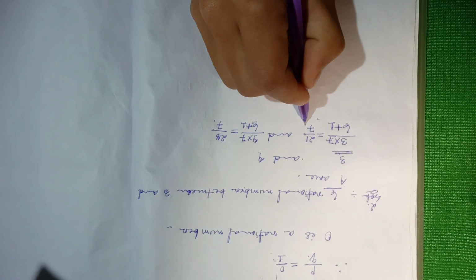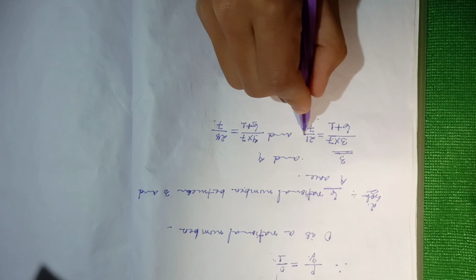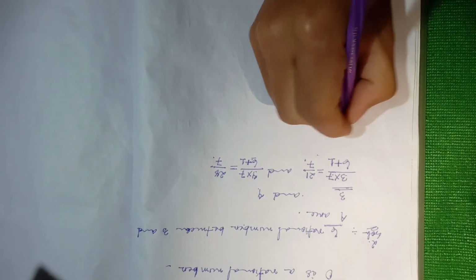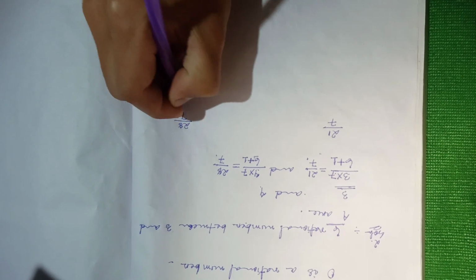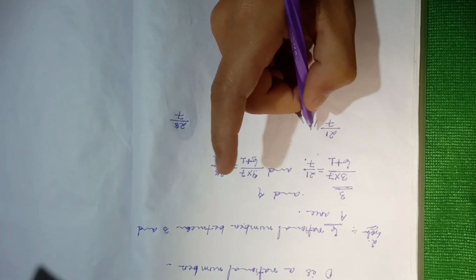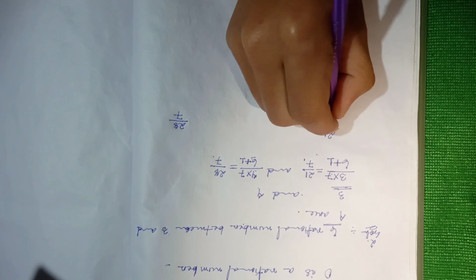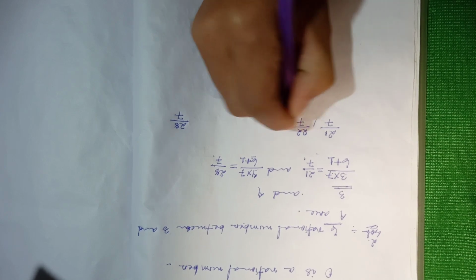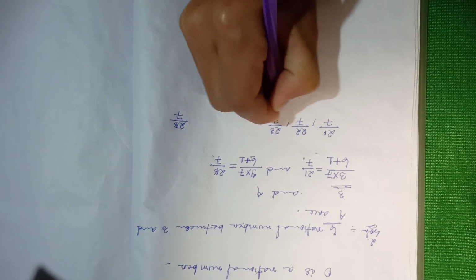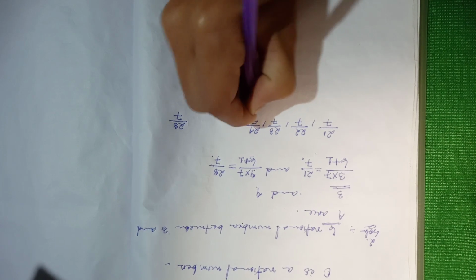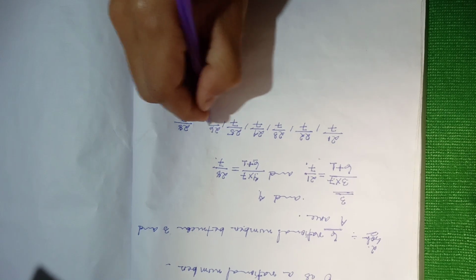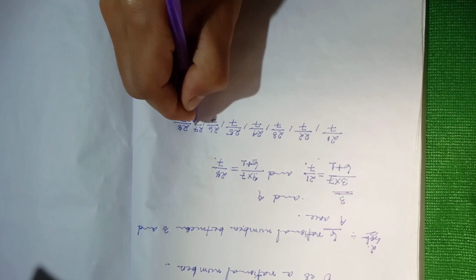So I have to find 6 rational numbers between these two rational numbers. For that, write 21 by 7 here and 28 by 7 here, and start counting in ascending order. After 21 it will be 22, so 22 by 7, then 23 by 7, 24 by 7, 25 by 7, 26 by 7, 27 by 7.